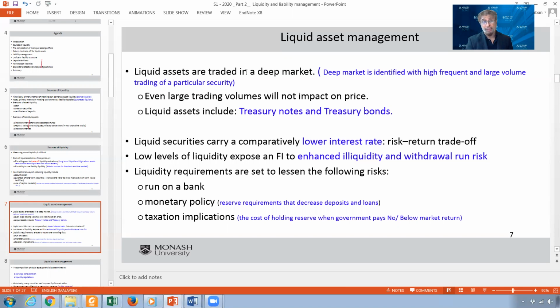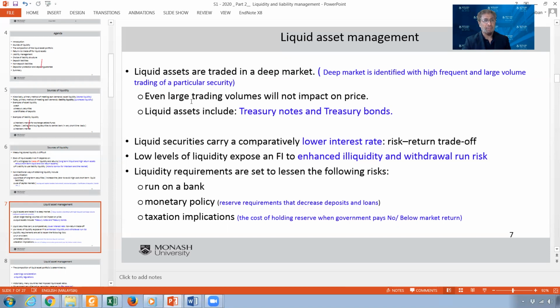So when we talk about the context of liquidity, it's better if you are investing in securities to be in a deep market, because that depth will allow you to sell. A deep market means the trading of any security is repeating, high frequency, and can also be in large volumes.